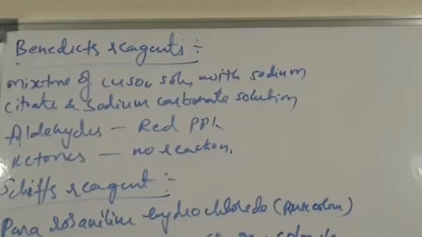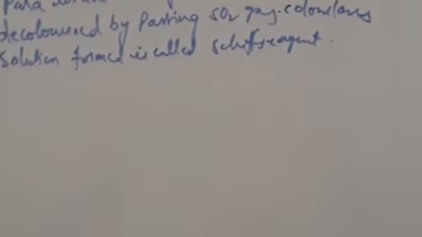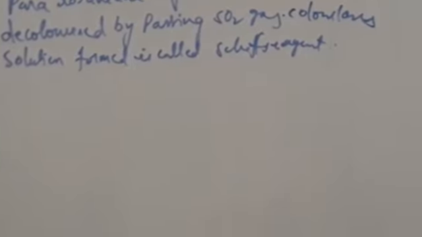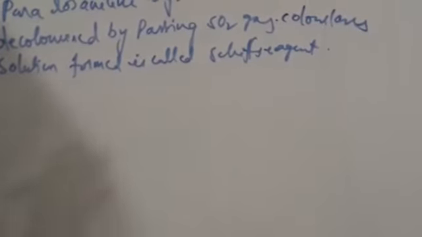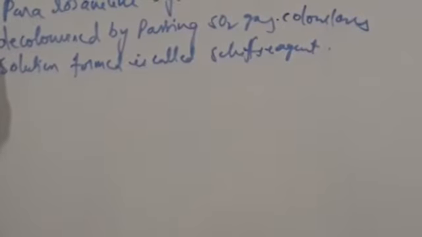Schiff's reagent gives a test only for aldehydes, but not with ketones. With the addition of Schiff's reagent to aldehydes, the pink color is restored. The aldehyde solution is colorless, and Schiff's reagent is also colorless.